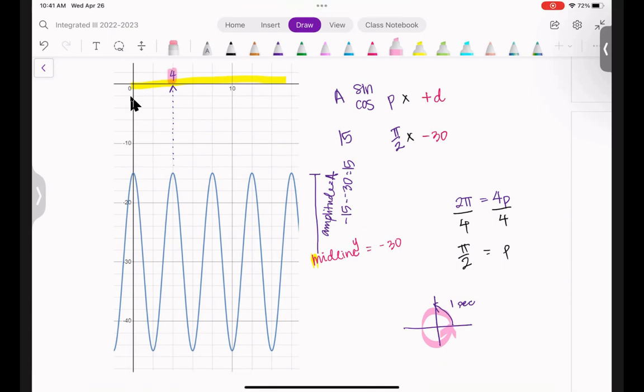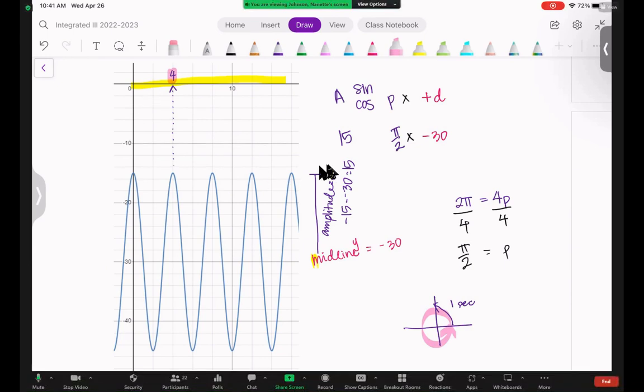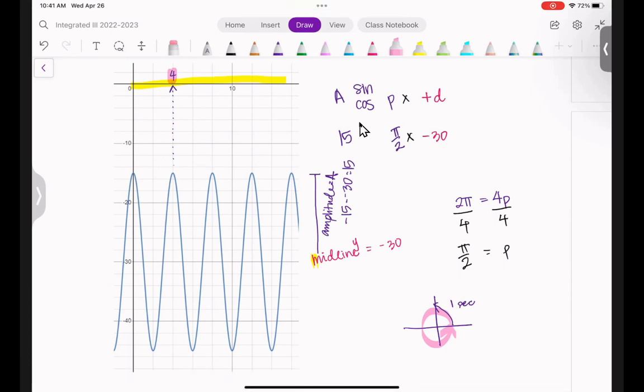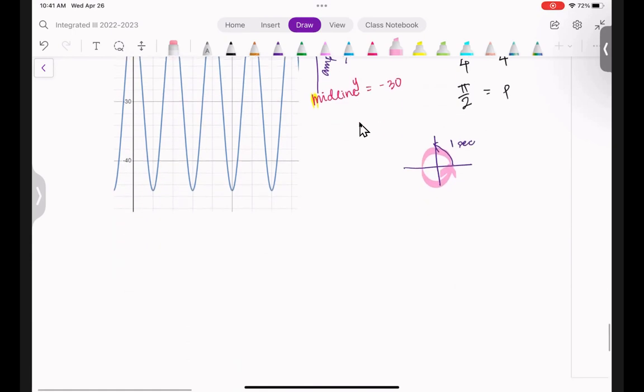Does that make sense? Okay, so the last thing I want to figure out is if it's sine or cosine. I said this in another video, but I want to share it again. In my brain, sine looks like an S. It starts at the middle, goes up to the top, goes to the middle, goes to the bottom, goes to the top. Take your head, turn it sideways, and just imagine, do you kind of see an S flow there?